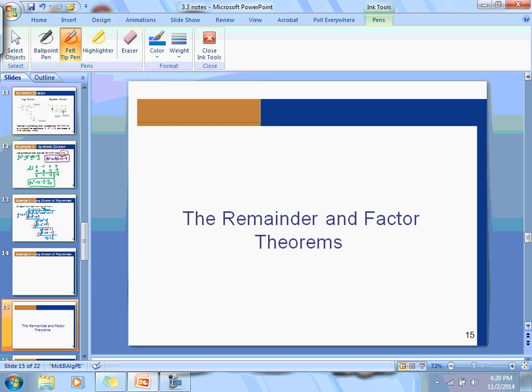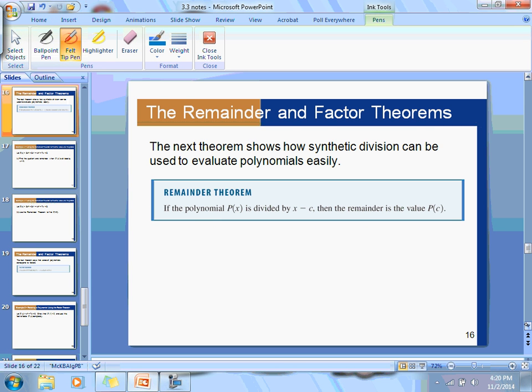Now we've got 2 last concepts, the remainder and the factor theorem. Now, the remainder theorem is pretty cool, okay? It says that when you divide p of x, some polynomial, by x minus c, the remainder is going to be whatever p of c is.